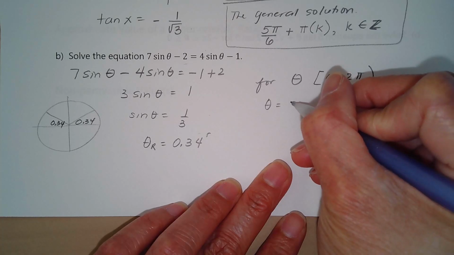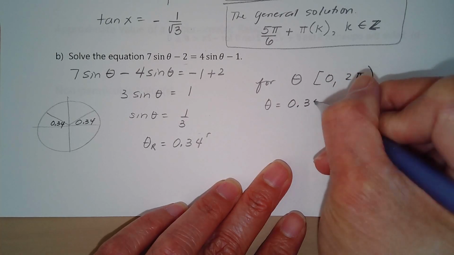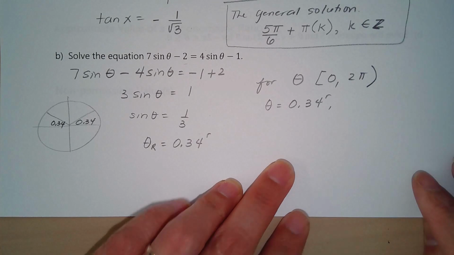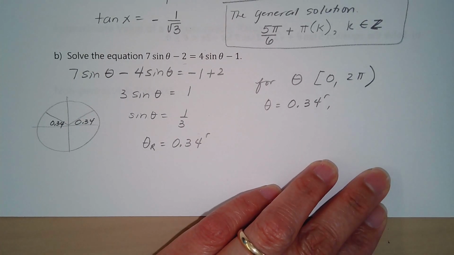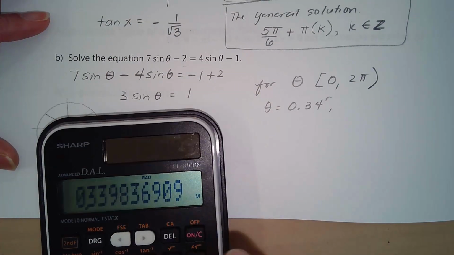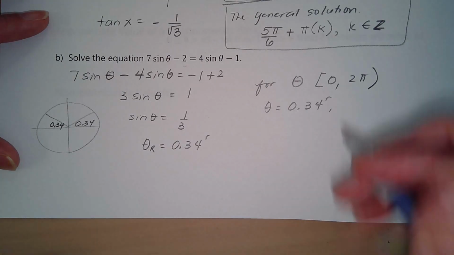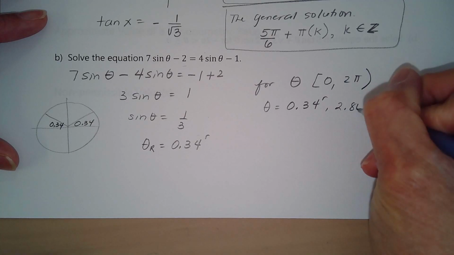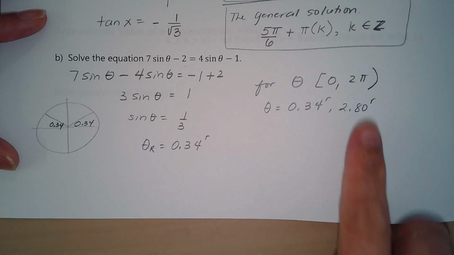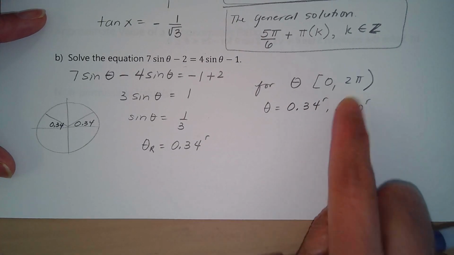It would be 0.34, and what's the other one? Pi minus, yeah. So pi minus 0.34 is 2.80 radians. So we got two solutions for 0 to 2 pi.